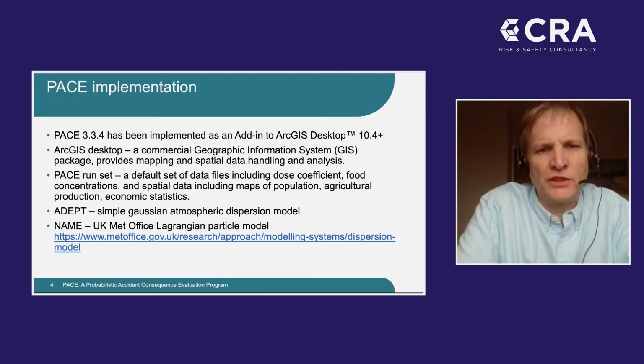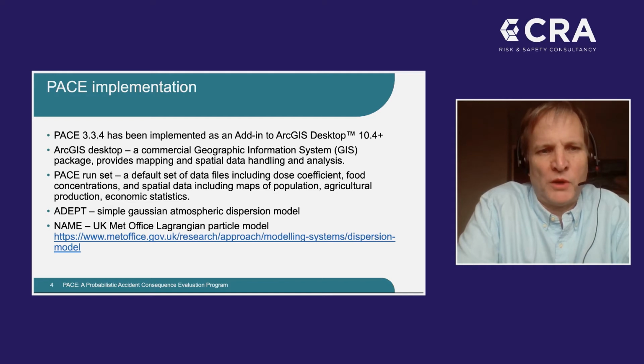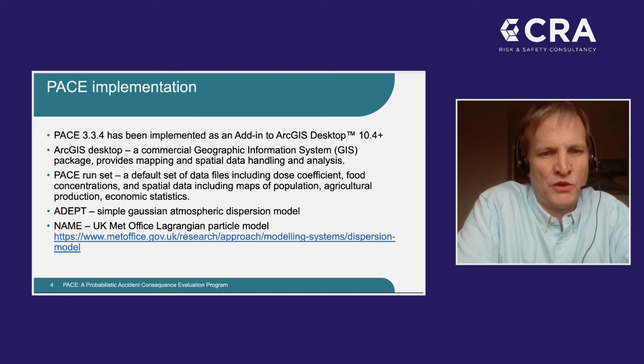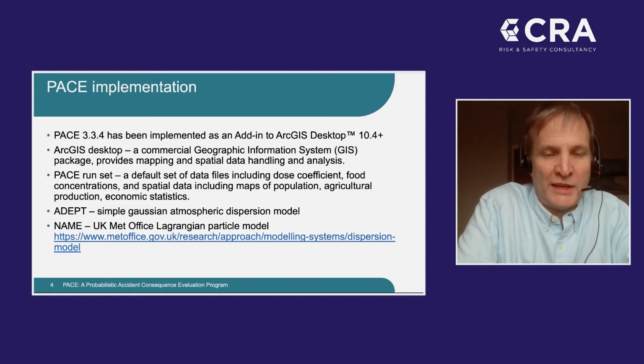At the heart of these kinds of codes is an atmospheric dispersion model. Like most of these codes, we do include a simple Gaussian atmospheric dispersion model, but I think we're the first ones to try and move away from that and do something a bit better. We've incorporated or developed links with the UK Met Office Lagrangian particle dispersion model, which is a much more satisfying representation of how radioactive material, or any material, moves in the atmosphere.